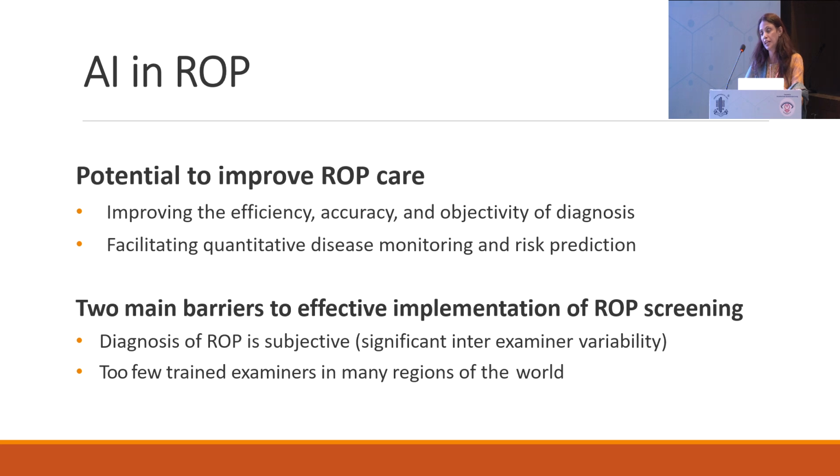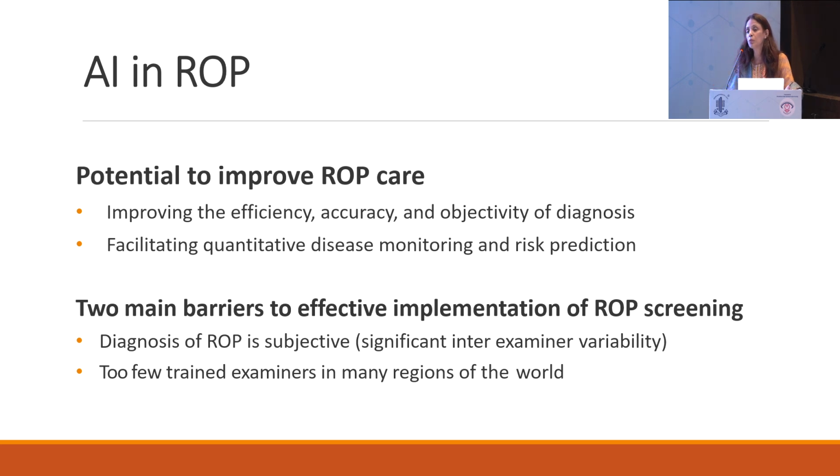There is potential in improving the efficiency, accuracy and objectivity of ROP diagnosis, as well as for monitoring and risk prediction of cases which will develop plus disease. But there are barriers, such as a lot of variability among examiners in labeling a disease as a particular class, because every time the examiner is not capturing images for a screening.